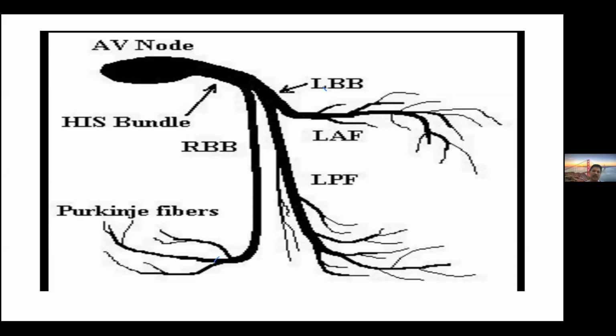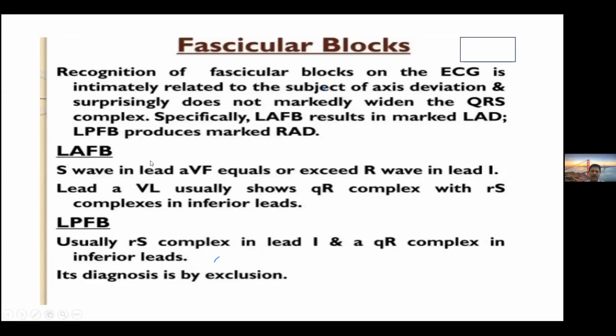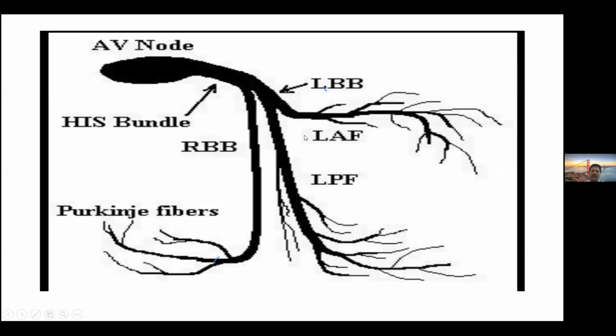It is not a common diagnosis. Because the left anterior and left posterior fascicles are subdivisions of the left bundle, the other conduction system is conducting rapidly. The QRS is not going to be wide, because two conduction systems, the right bundle and the left posterior fascicle, are conducting.